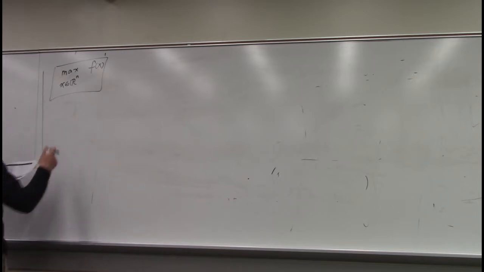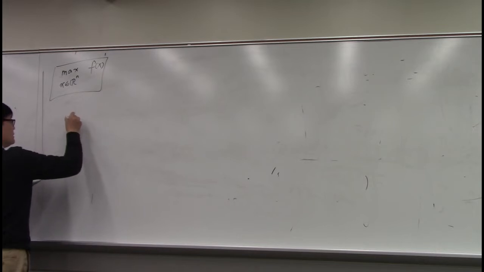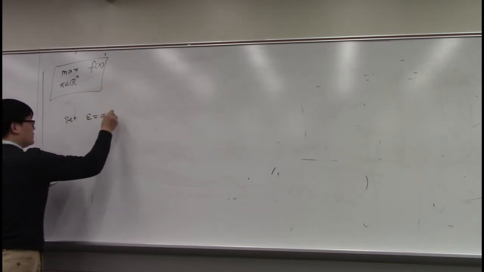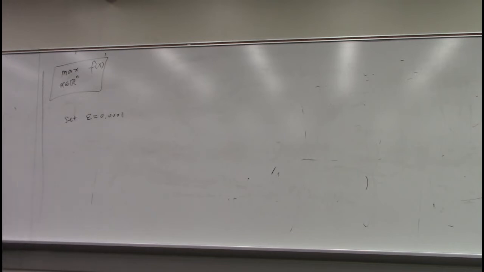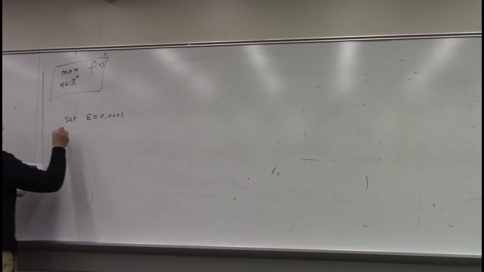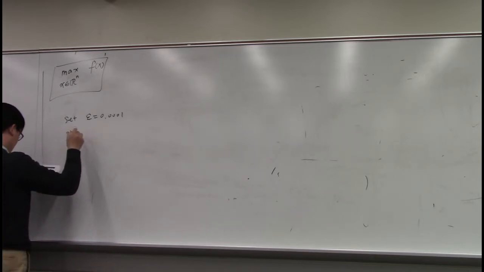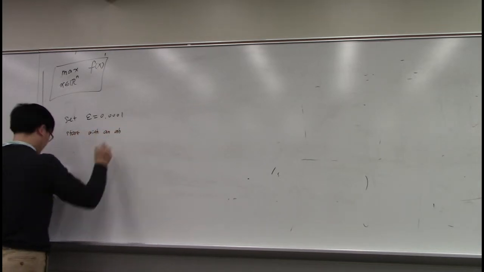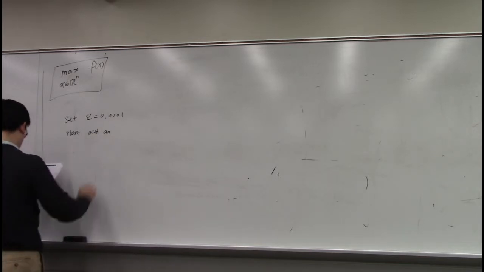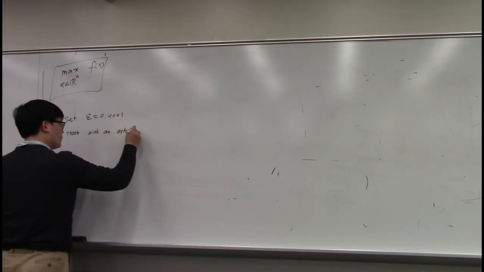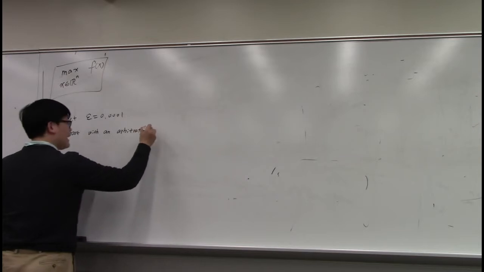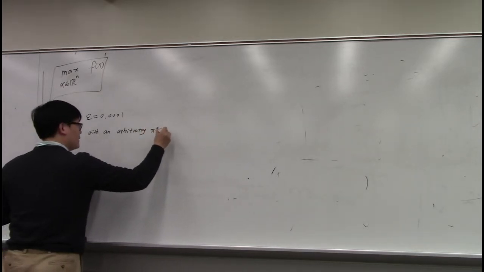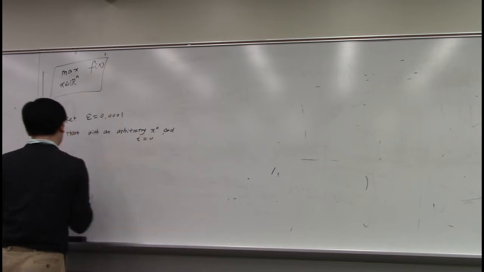The framework is as follows. We set epsilon. Epsilon is a threshold that tells us whether the difference between the current solution and the previous solution is small enough. Then start with an arbitrary x0 and t equal to 0.